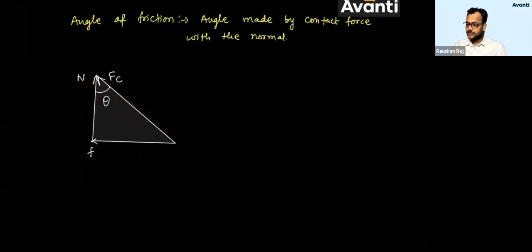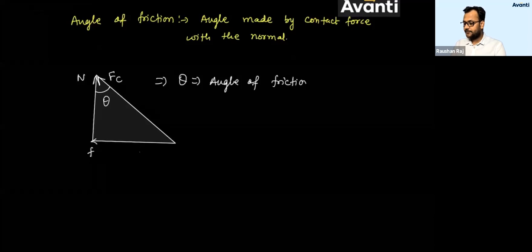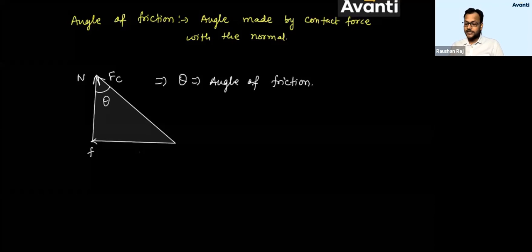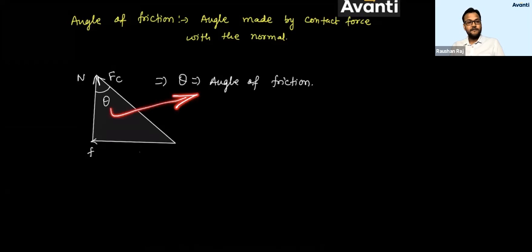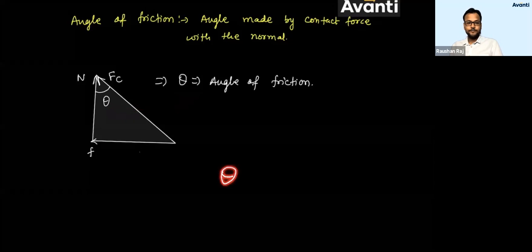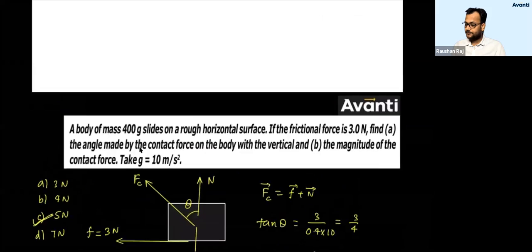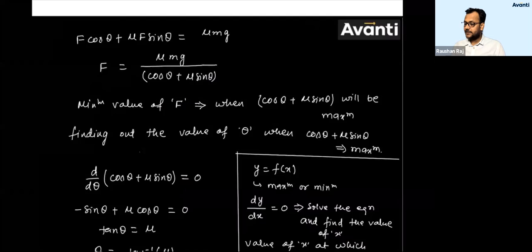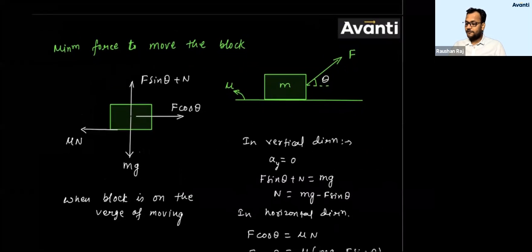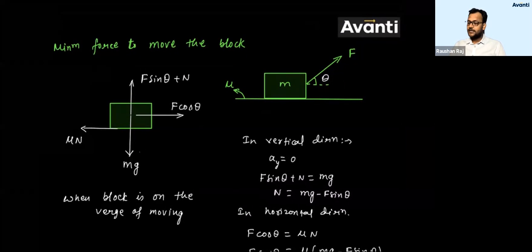So here theta is the angle of friction. अच्छा, there are few students. If I'm representing theta as the angle of friction, whenever I'll write theta, even like the last question also, when I had written this theta here, few of you were saying, sir, is this angle of friction?